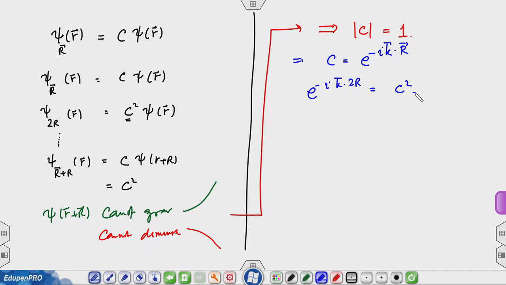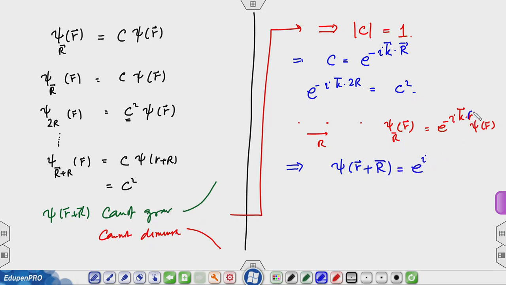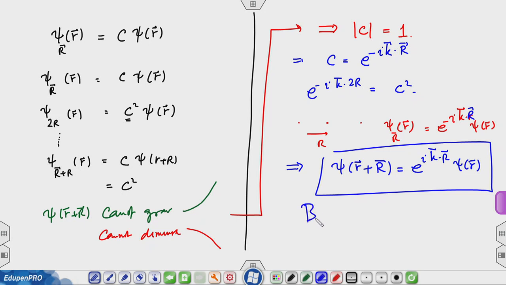So, if I shift the lattice by r, wave function psi r becomes e raised to minus i k dot r psi r. Now I do not shift the lattice, I shift myself. If I jump from one point to the other, the wave function will change like e raised to i k dot r psi r, and this is Bloch's theorem.